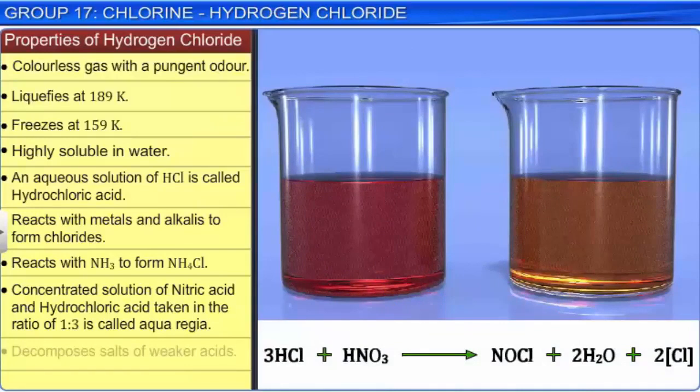Aqua regia produces nascent chlorine, due to which noble metals dissolve in it. The nascent chlorine attacks these noble metals to form chlorides, which eventually form soluble complexes on reacting with hydrochloric acid, as shown in these equations.